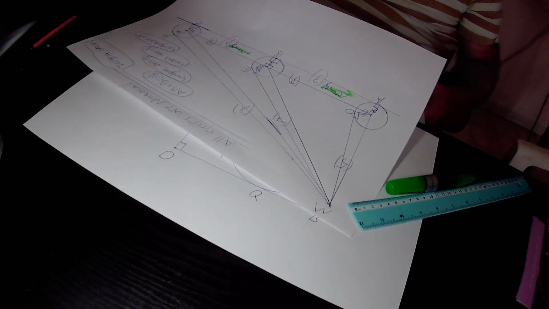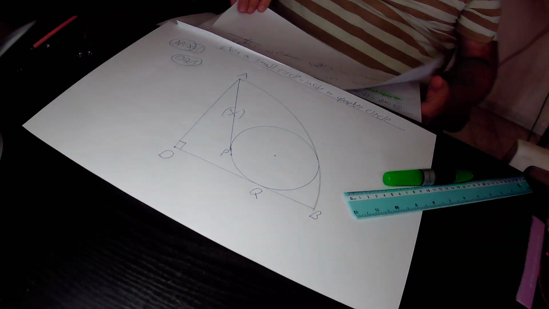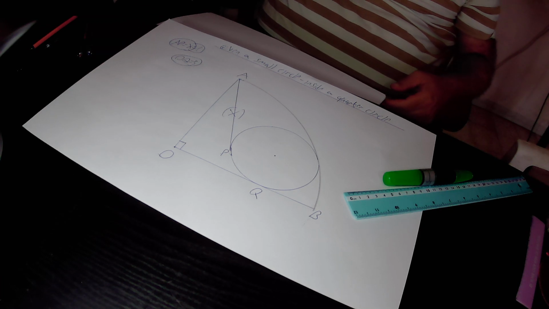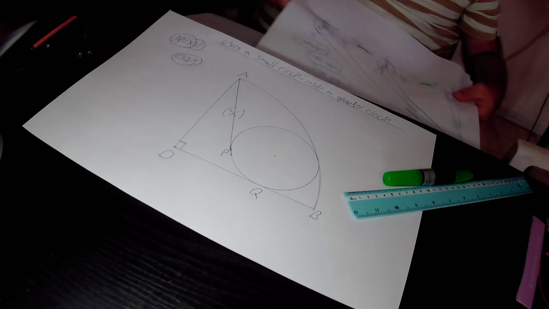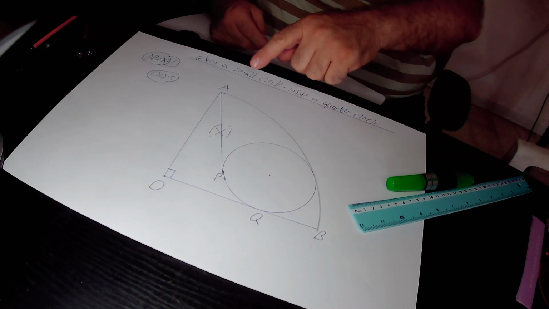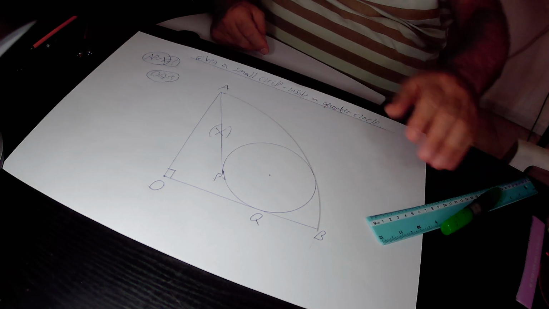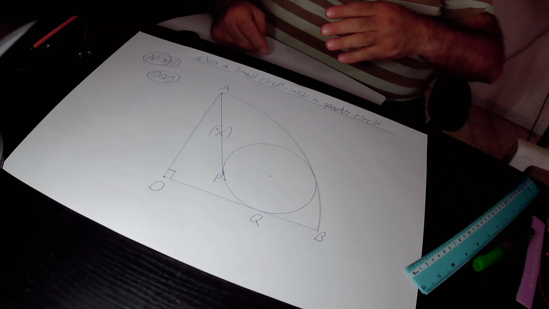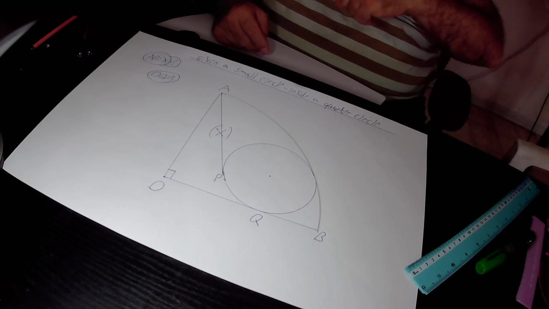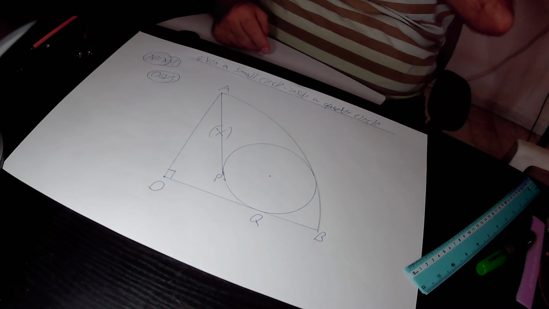In the next step, I present to you the second question in this lecture. Our mission in the second question is to find the length of this tangent AP, which equals x. Our mission is to find the value of x. In the drawing we have a quarter circle.